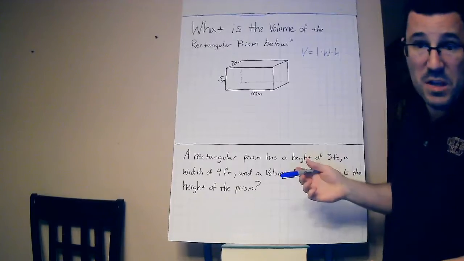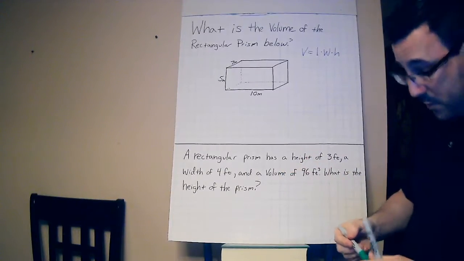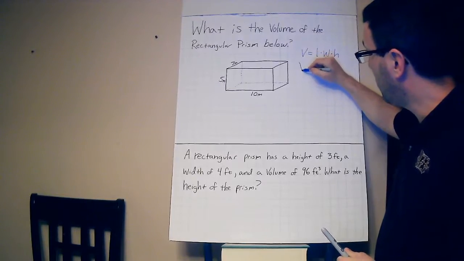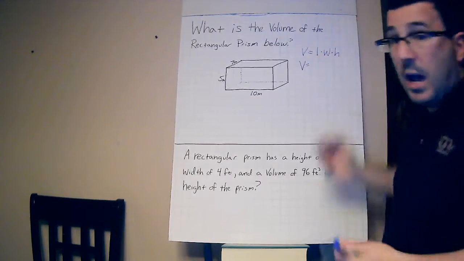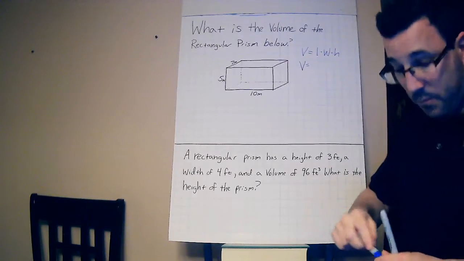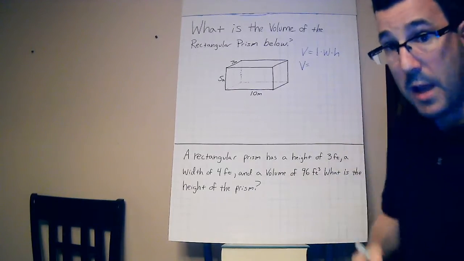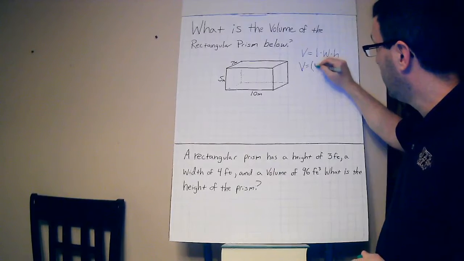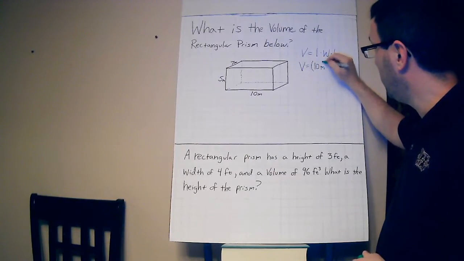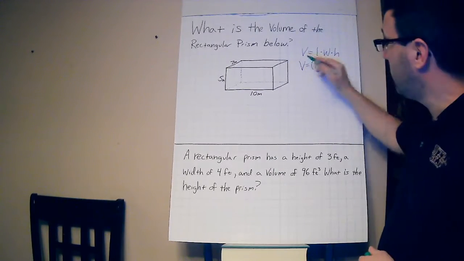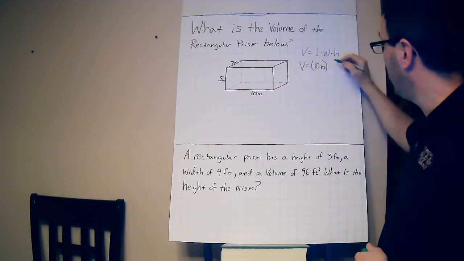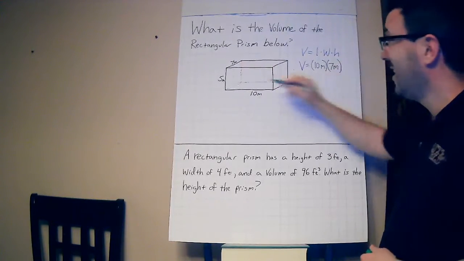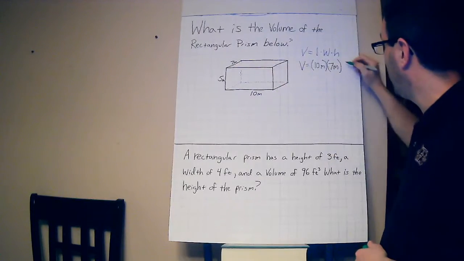That makes sense. So I'm going to leave V because that's what I'm trying to find. I don't know what the volume is. But I do know that the length is 10 meters. The width is 7 meters. And the height is 5 meters.